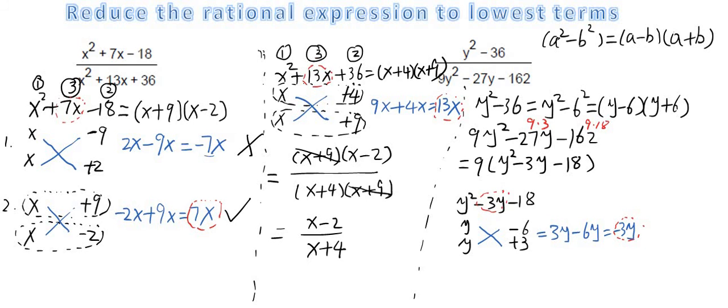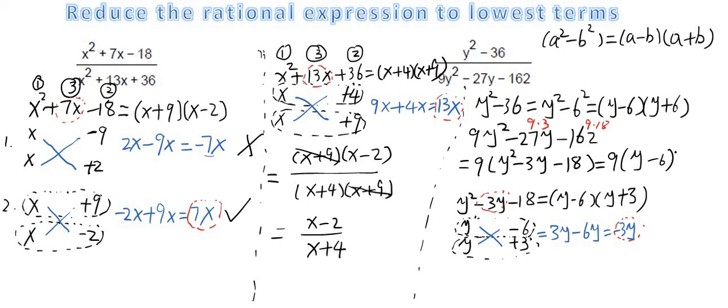That means we can write this as y minus 6 times y plus 3. Plugging back in, for the denominator we can write 9 times y minus 6 times y plus 3.